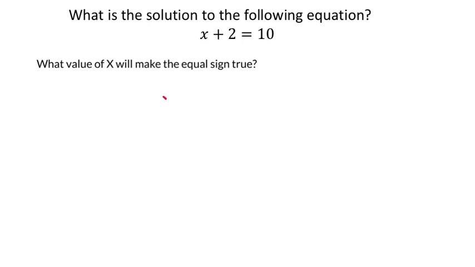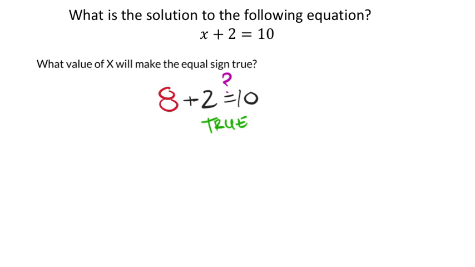If you replace the x with 8 in x plus 2 equals 10, and I put a question mark over my equal sign, I can declare it true because I know that 8 plus 2 is 10.